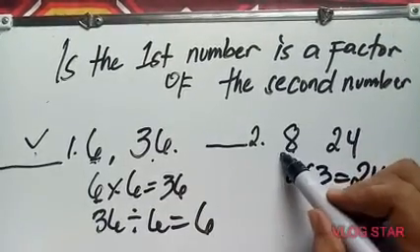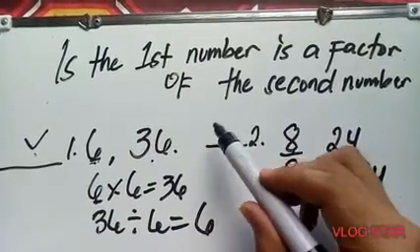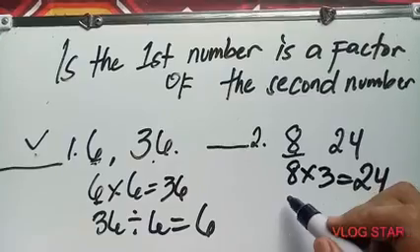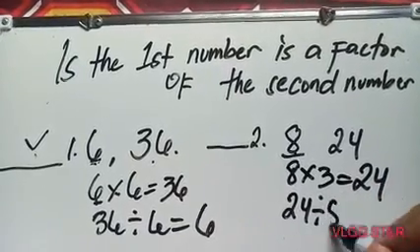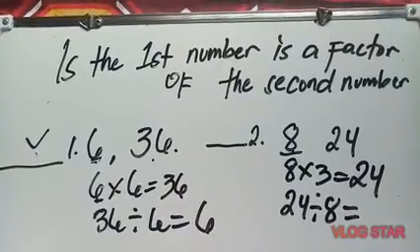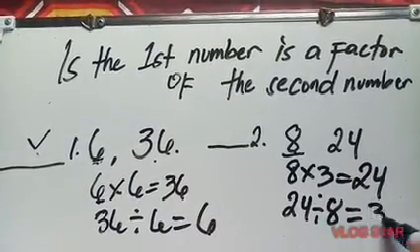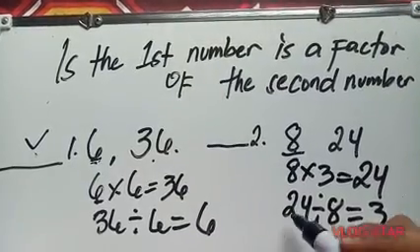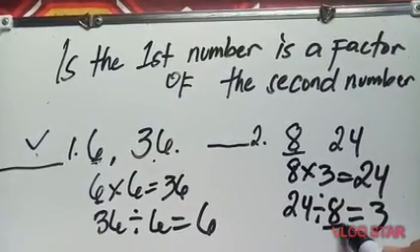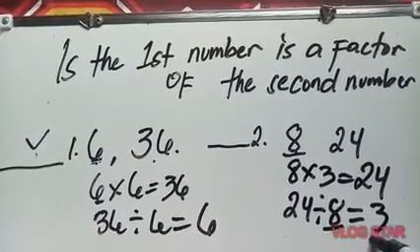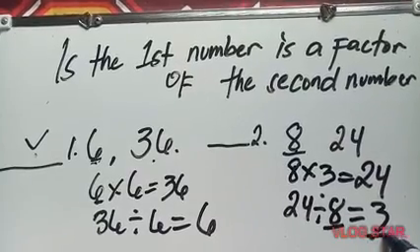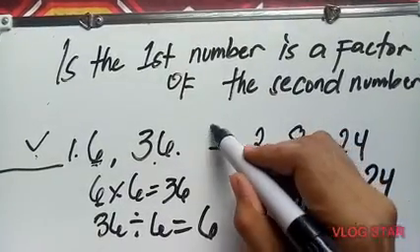So we can say that 8 is a factor of 24. Next is by dividing. So 24 divided by 8, the answer is 3. So it means that 8 is a factor of 24 because there is no remainder, or it has an exact quotient.